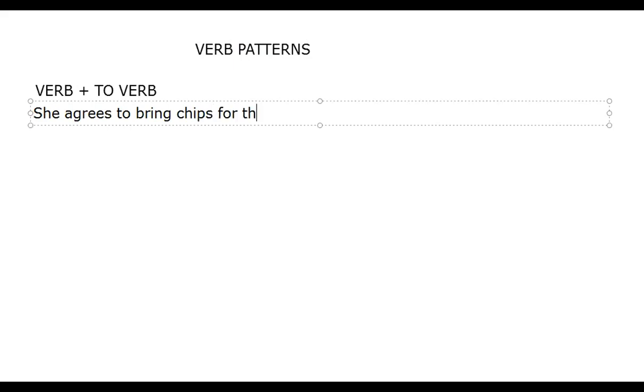Okay, so for example, we have: she agrees to bring chips for the movie. Okay, so this is the verb that we have.